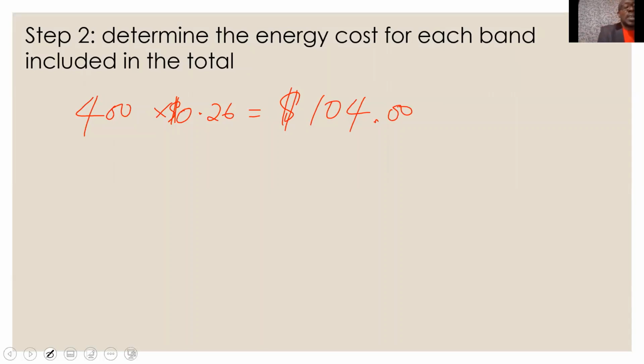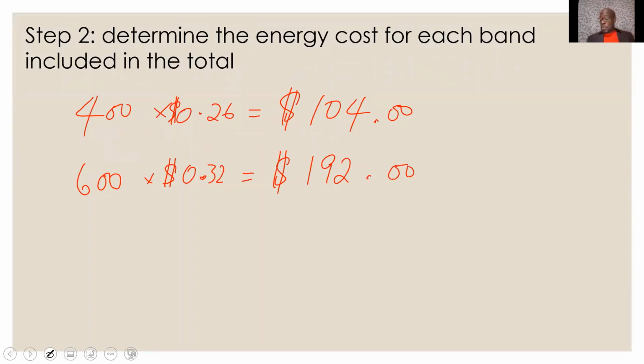The next band, the next 600 kilowatt hours, is costed at 32 cents, and that gives us $192.